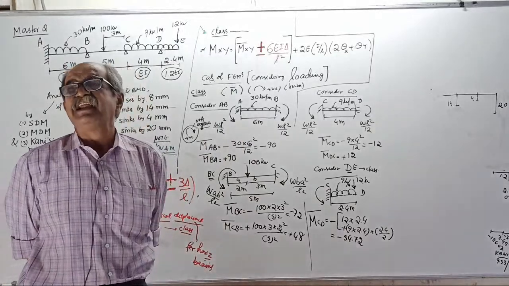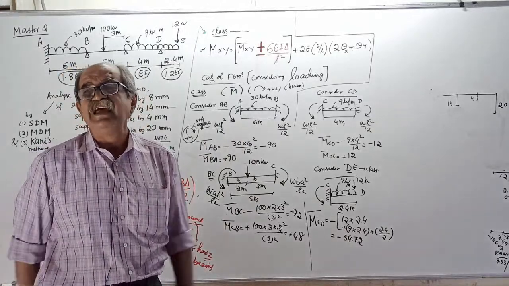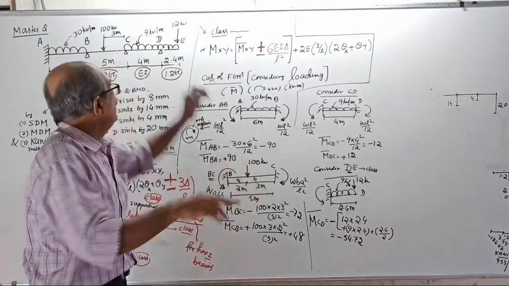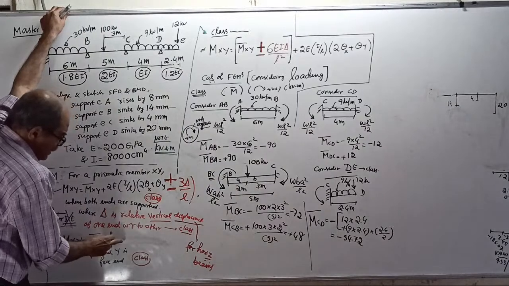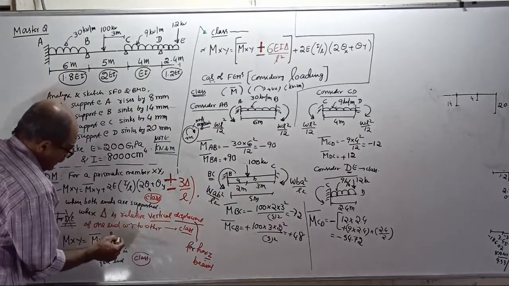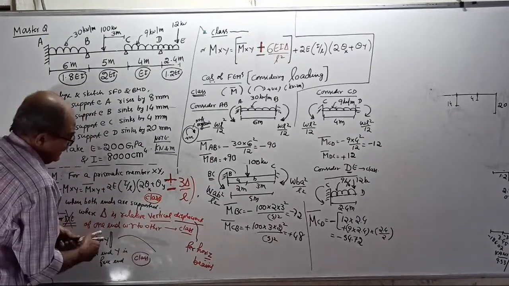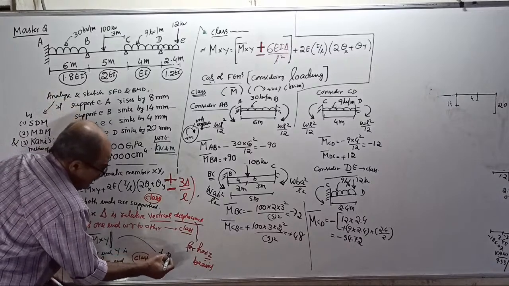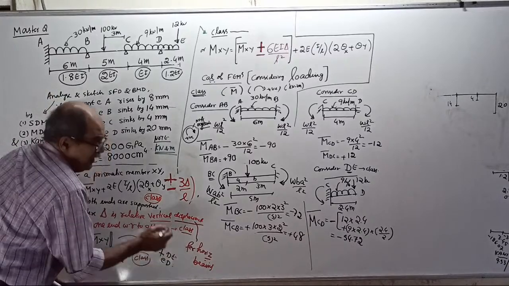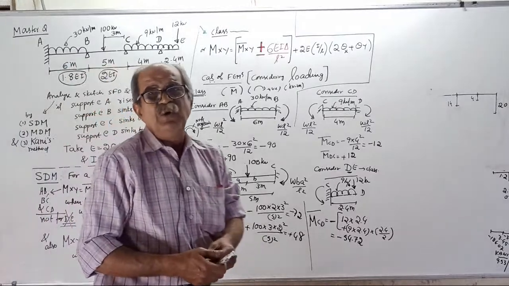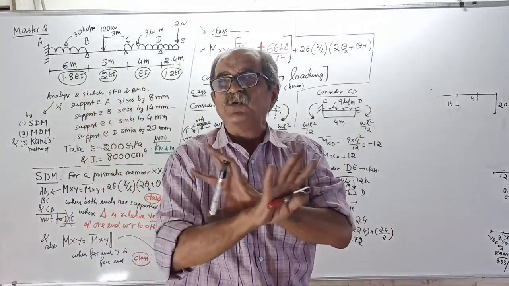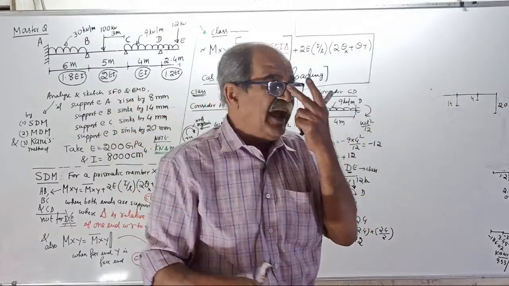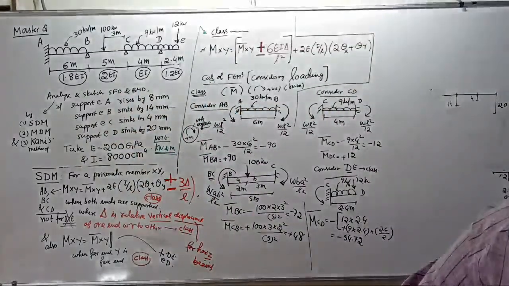Support sinking, rising, dancing, rotating, none of them considered for DE, because MXY equal to only M bar XY. Use this one for the member DE at D. Clear? I will not tell again. This I told you. Delta, nothing. Theta, nothing for overhang. Okay, start.